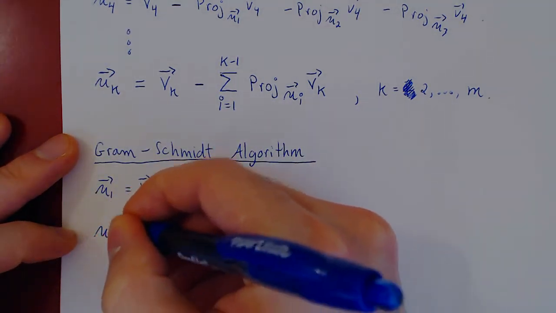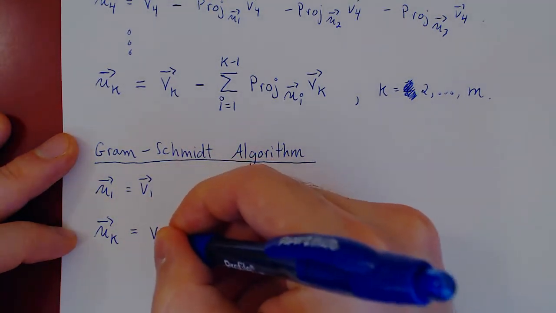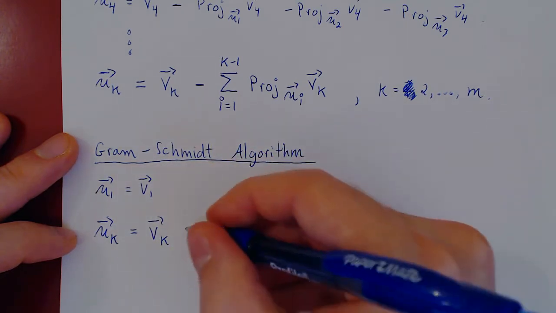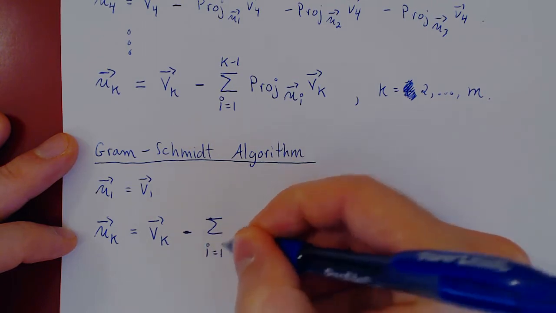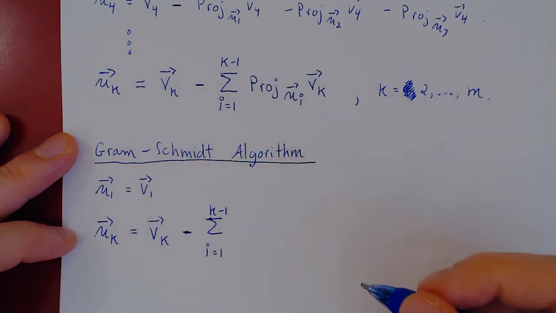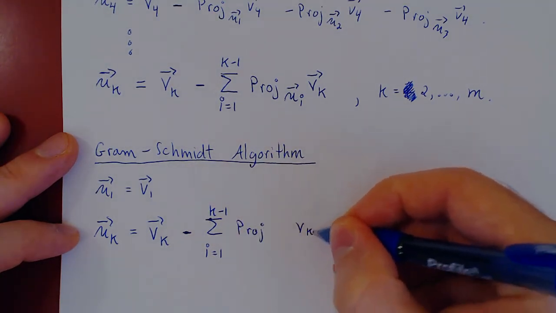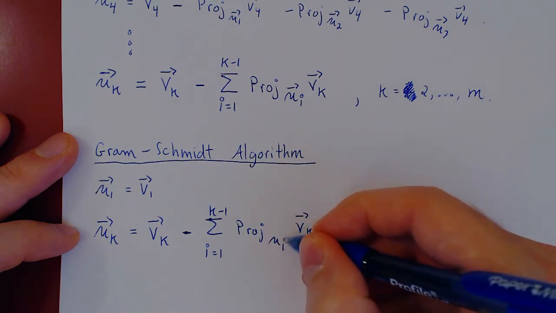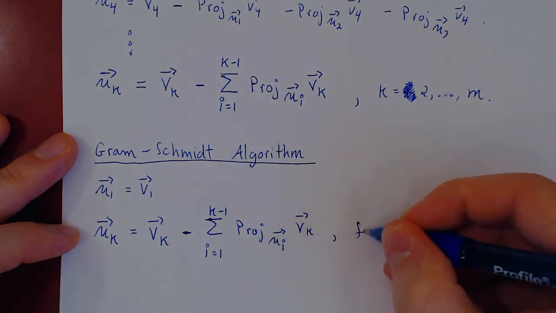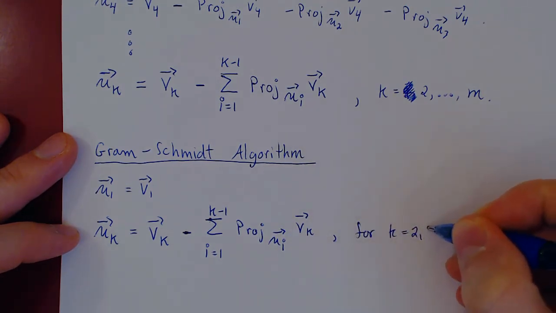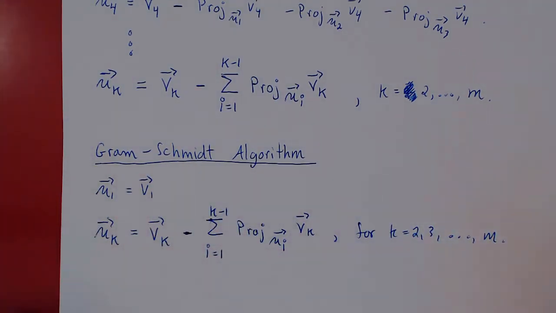The new kth vector of our basis, which will be an orthogonal basis, will be the kth vector of the original basis minus, and we are removing from all the previous k minus 1 new vectors, the projection of vk onto the new orthogonal basis vectors. And this is again for k equals 2, 3, all the way up to m. And that is the Gram-Schmidt algorithm.